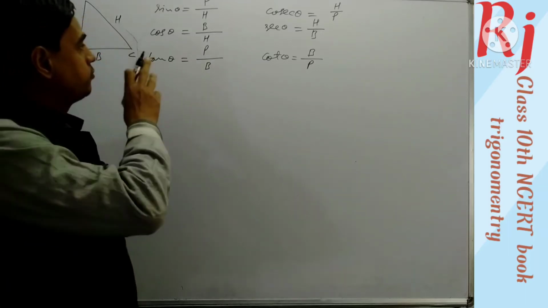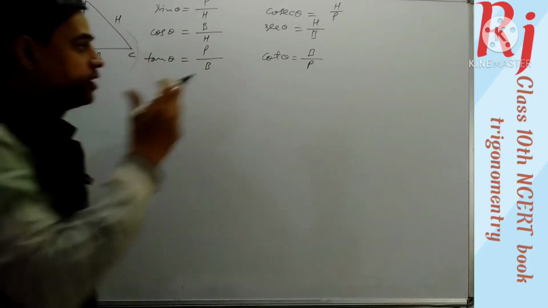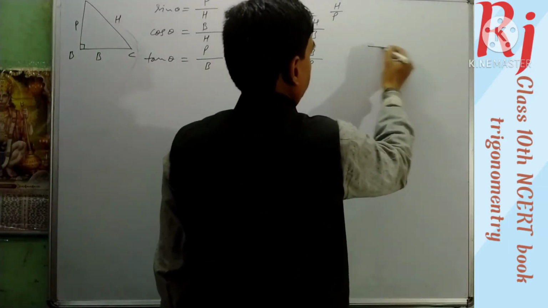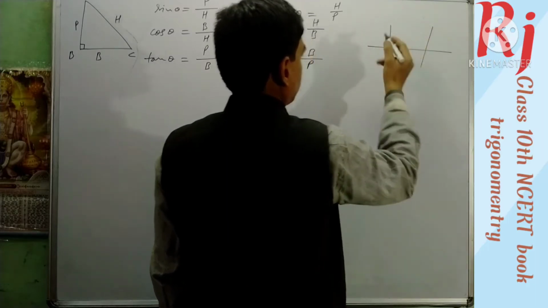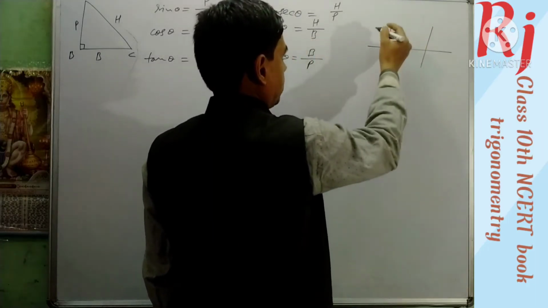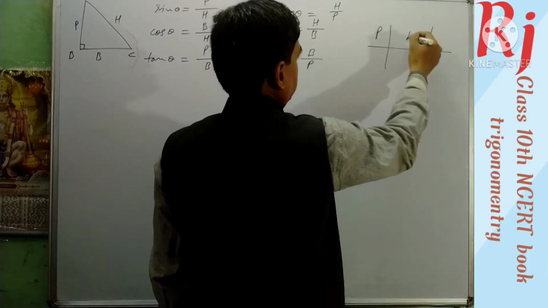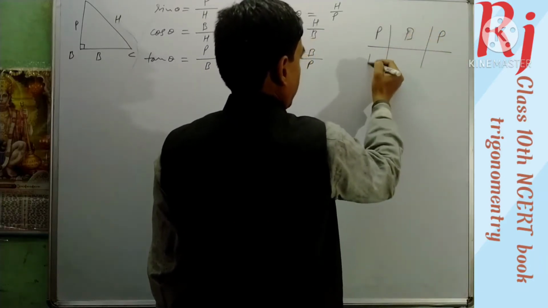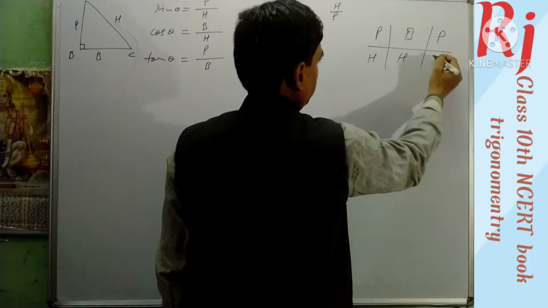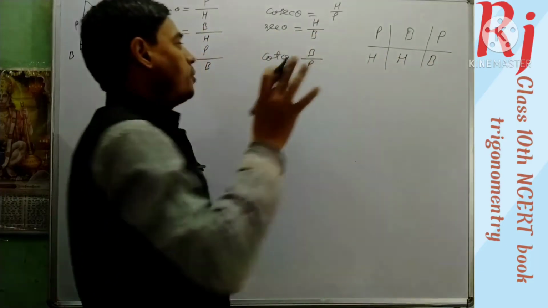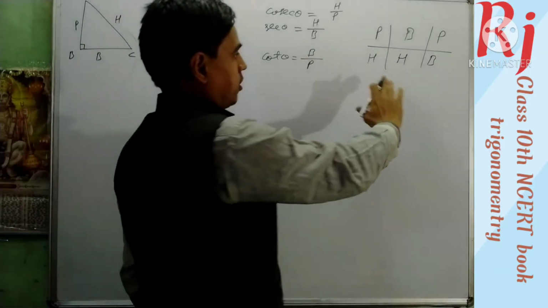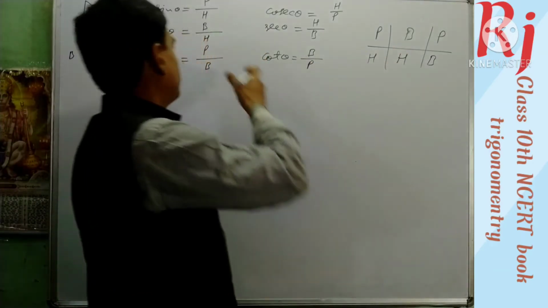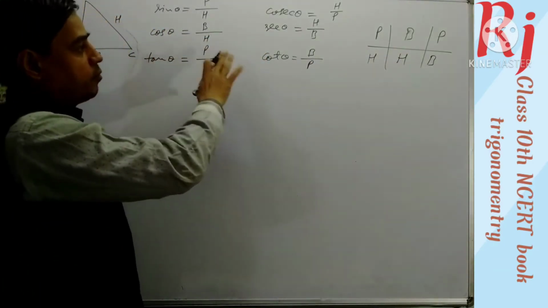Now we can learn these formulae by this method. Just write here P H P and H H B B. If you write like this, then you can come to know all the formulae.